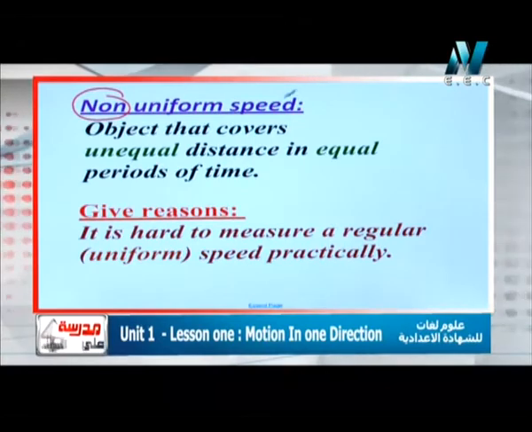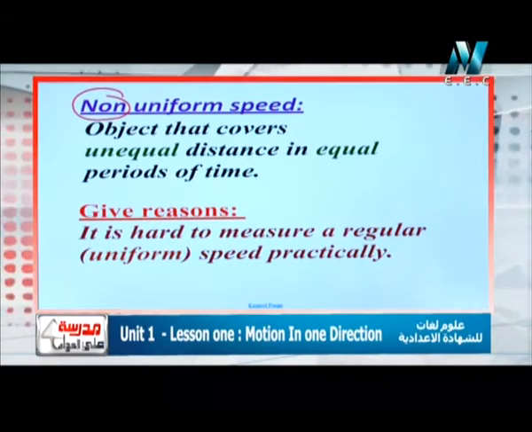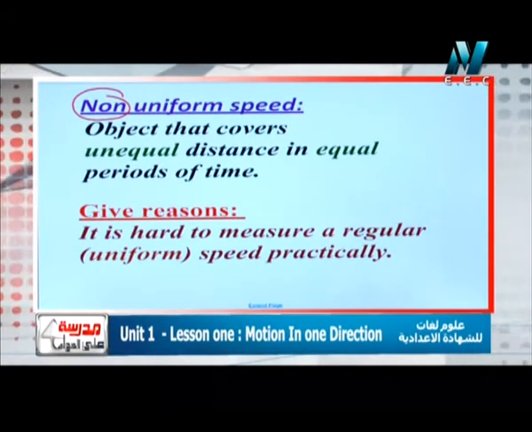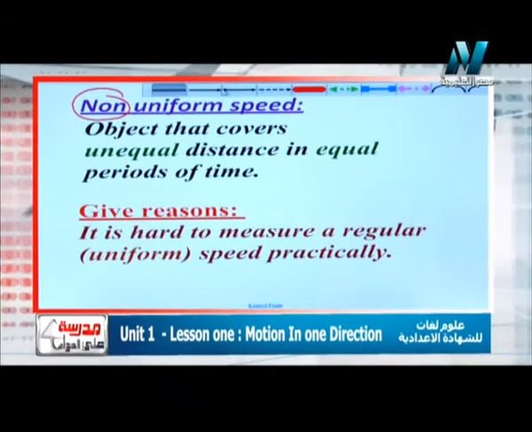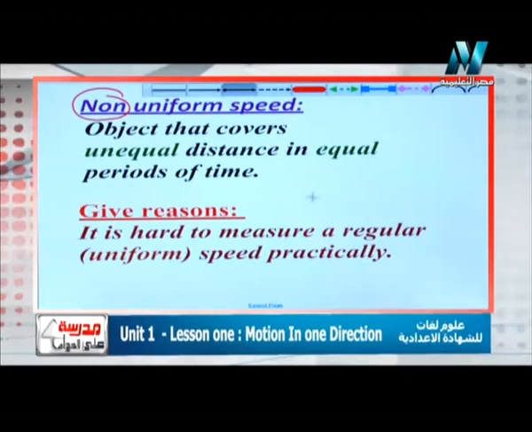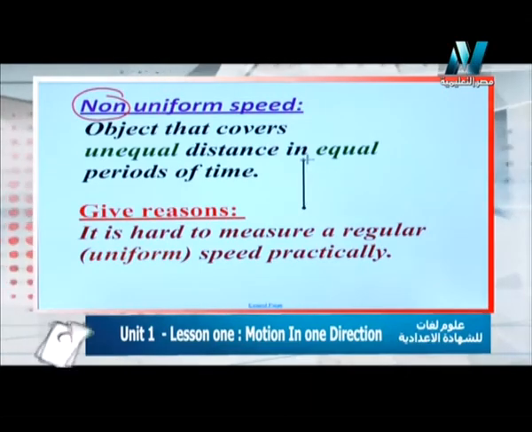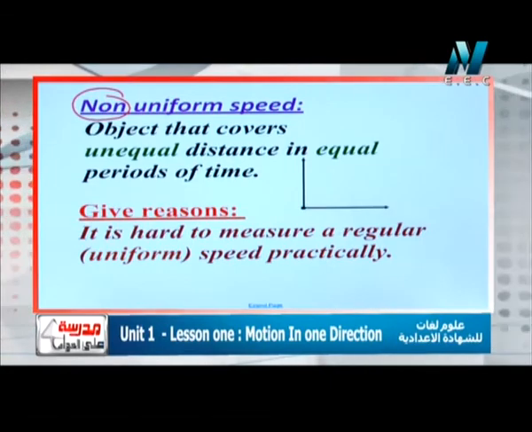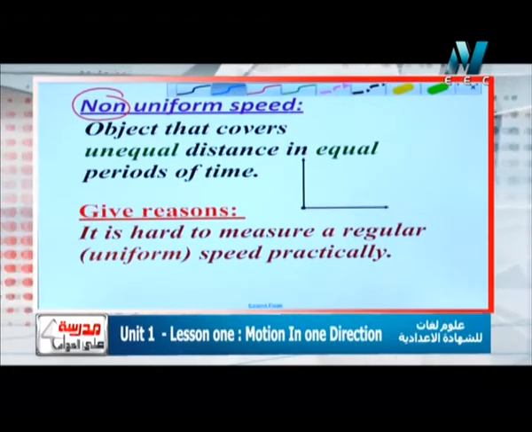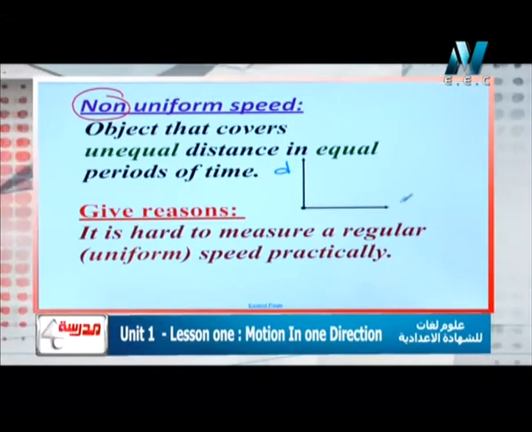We can recognize non-uniform speed from the form or drawing of its graph. Here we have two axes, distance and time.